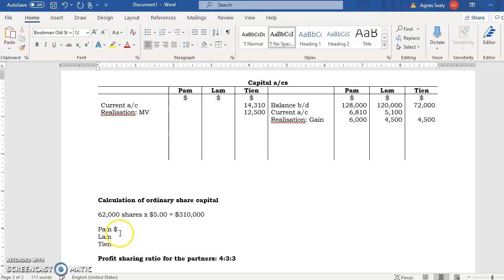First of all, $310,000 times 4 on 10, $310,000 times 3 on 10, and $310,000 times 3 on 10. So let's see what these figures are.